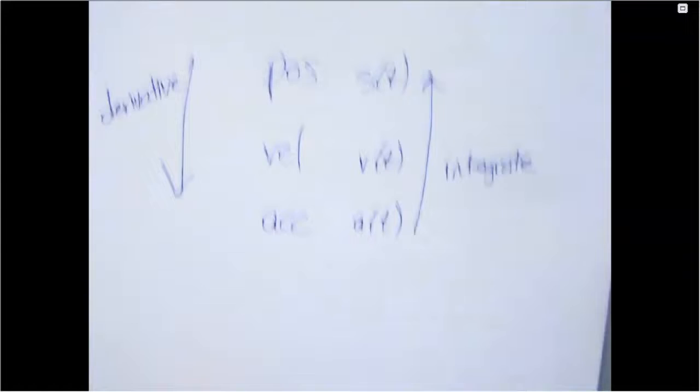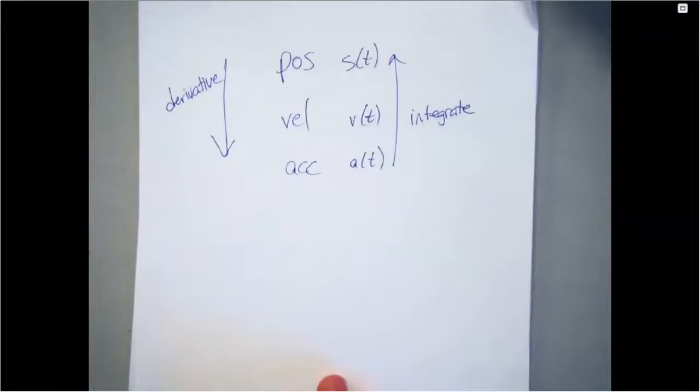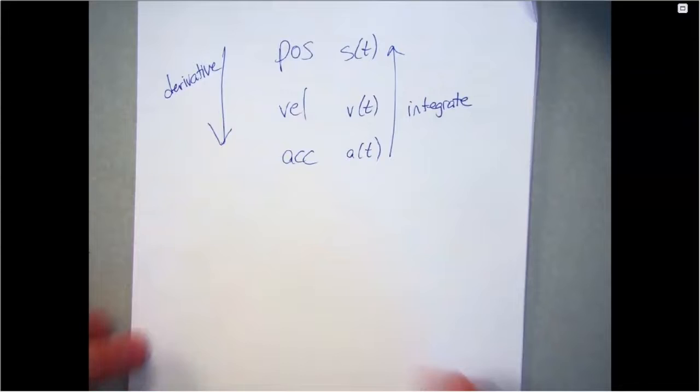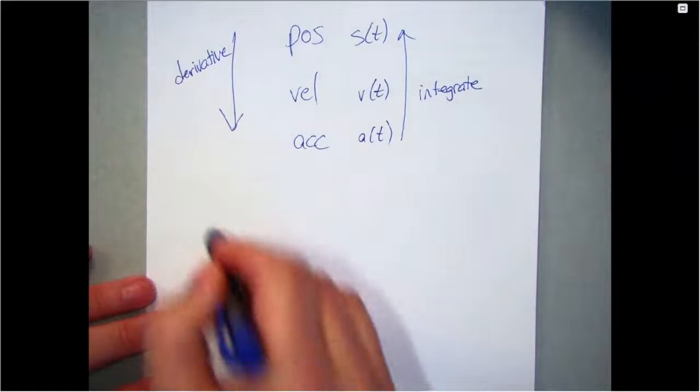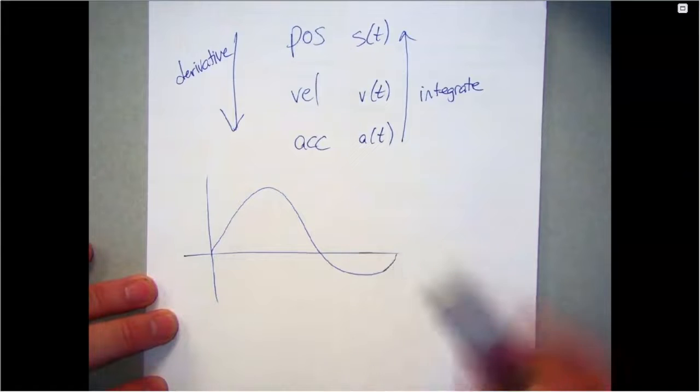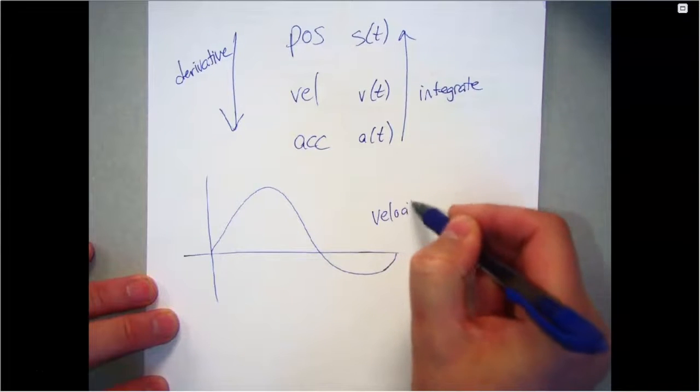Alright. Go to the back where we wrote that. So let's say we have something like this. This is a velocity function.